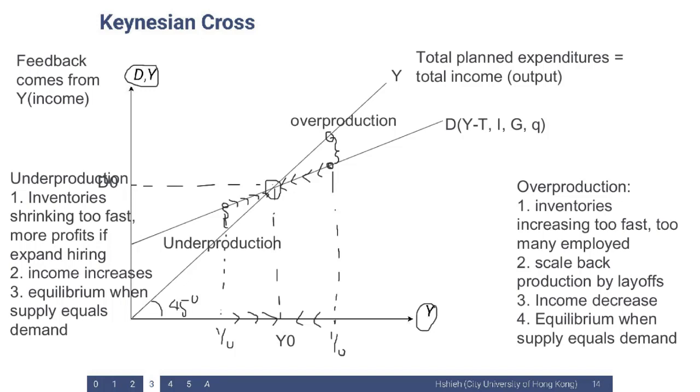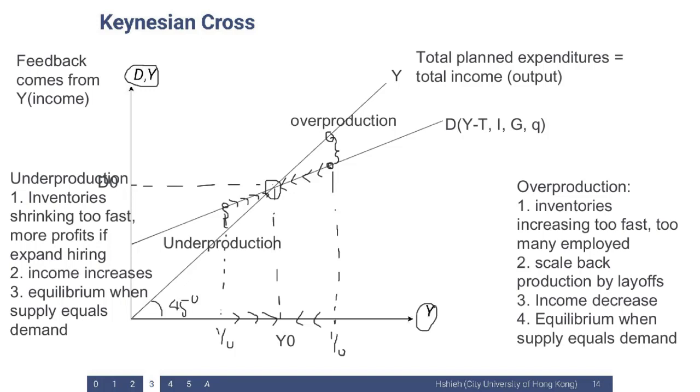For underproduction, it's the other way around, right? Every corporation has every incentive to expand production because demand exceeds supply. Their inventories are shrinking, so they're going to increase their production and hire more people to make it. So as they increase their hiring, income of the overall economy is expanding.